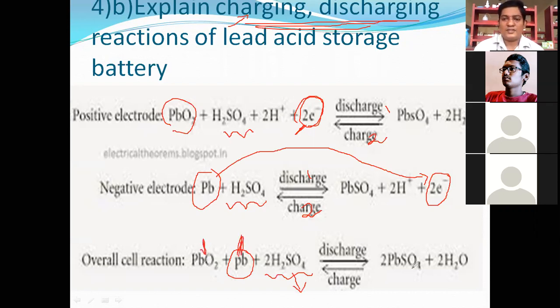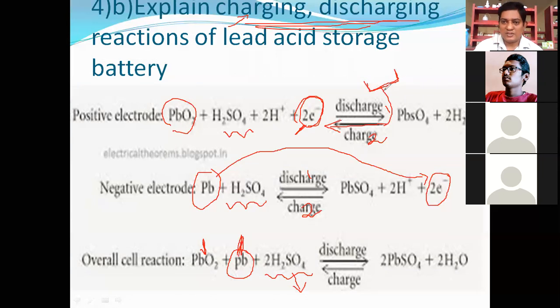Now, after the usage of the battery, when the battery becomes dead, it should be connected to an external electrical circuit. If it doesn't contain any voltage, when it is connected to external electrical power, the battery can be operated in the reverse direction.